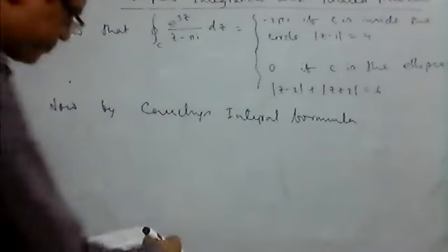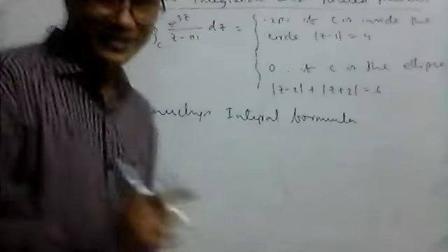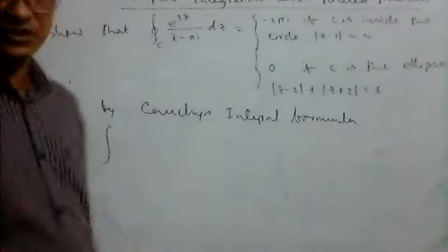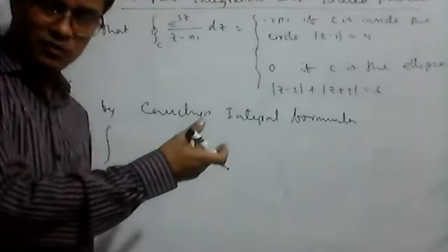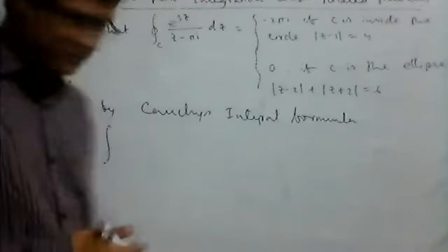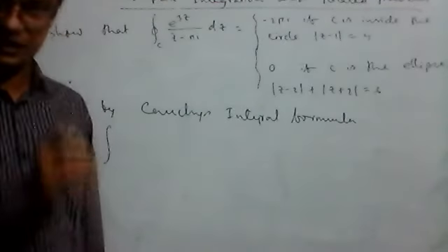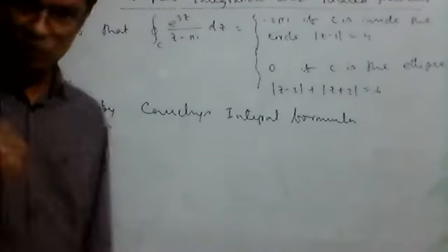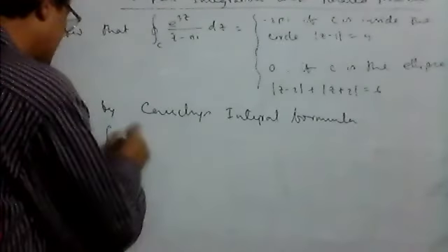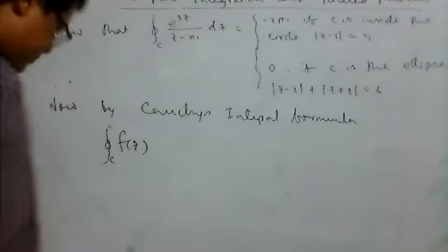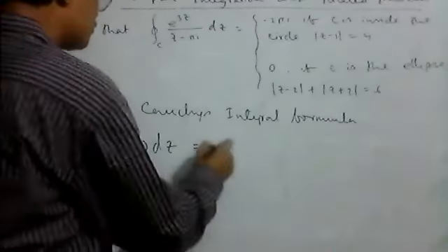So now by Cauchy's integral formula, we can write, since the given point lies outside the curve, here the curve is an ellipse. If any point lies outside the given curve, then according to Cauchy's integral formula, integral along C f(z) dz is equal to 0.